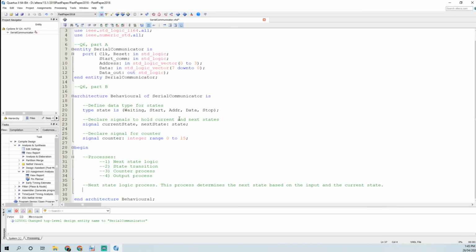Okay, so we're going to call this the next state logic process, and it is going to be dependent on our start communication signal, because now we want to have something to wake up this process when I want to come out of my waiting state. It of course is going to be dependent on the counter, and on how the current state changes, because every time the current state changes, you always want to evaluate the logic for the next state.